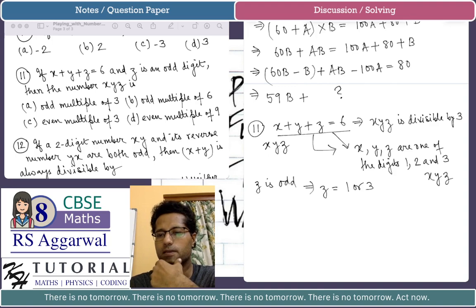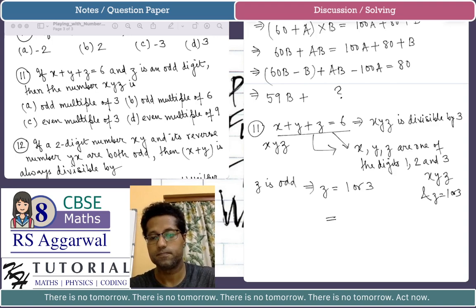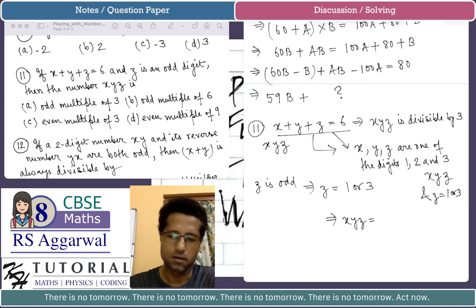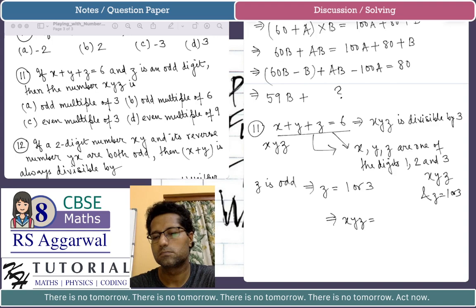So if z is 1, then xy can be, no, it cannot be 1, it is 2, 3, 1.